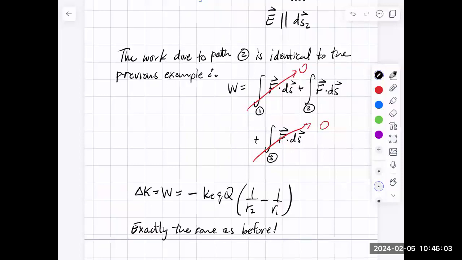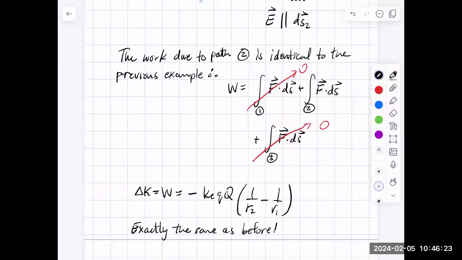All the little bits that are circular arcs aren't going to contribute any work. All the little bits that are radial will contribute work. And if you add up all the little radial bits, it'll do just the same as if you went directly from 1 to 2 along that straight radial path, and you'll get the same answer.